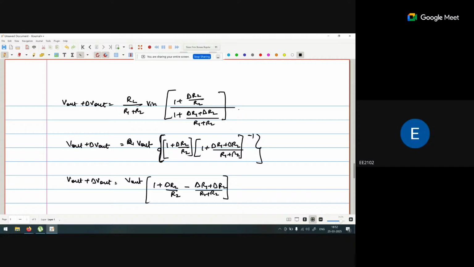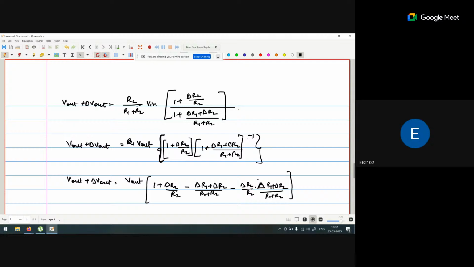If you have any doubt, you can ask. We can say this term is minus delta R2 multiplied with (delta R1 plus delta R2). Okay.